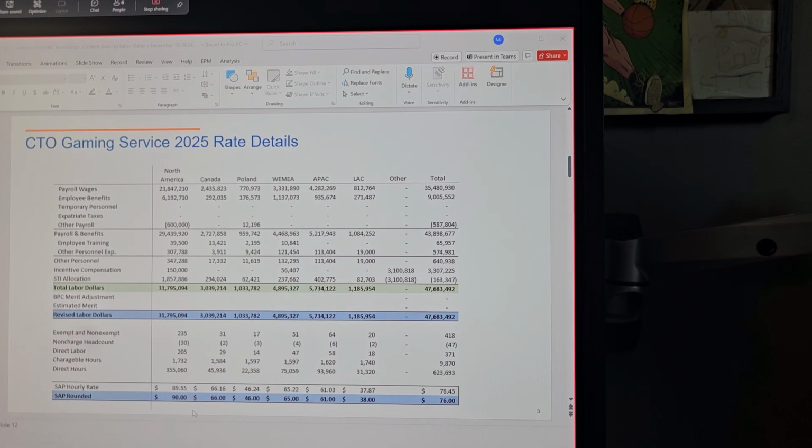Well, I was just taking the payroll wages, right? 23,847 times 1.2, divided by 466,000 hours. $61. Yeah.